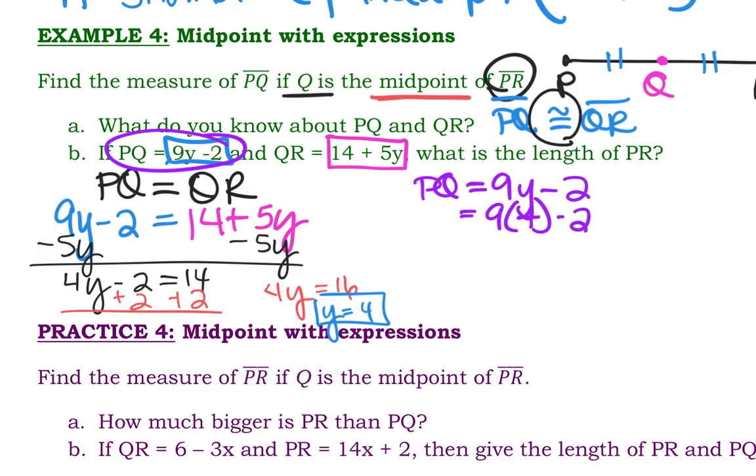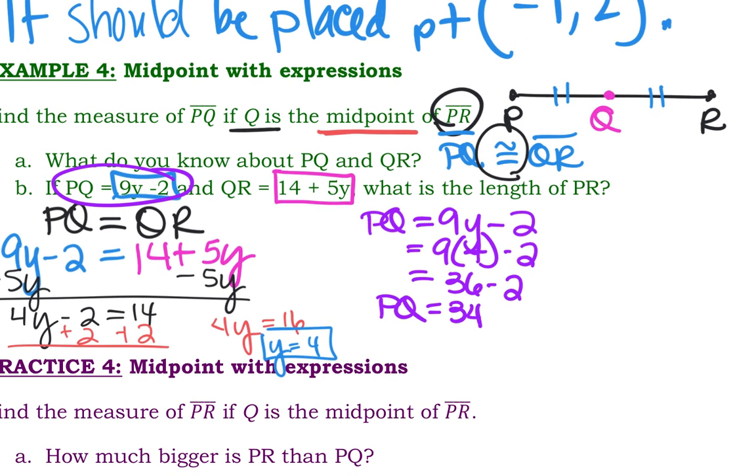So what is 9 times 4? 36. 36 minus 2 is 34. All right. So we found P to Q, which is not what I'm asking for, right? So P to Q is 34. So I know this is 34. Do you have to do the work for Q to R?